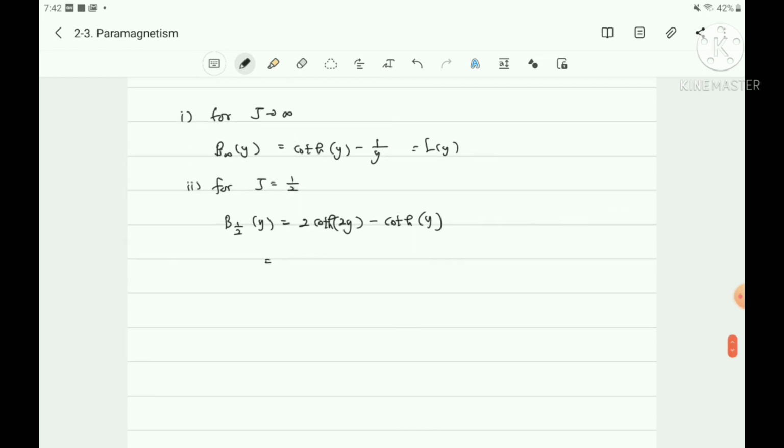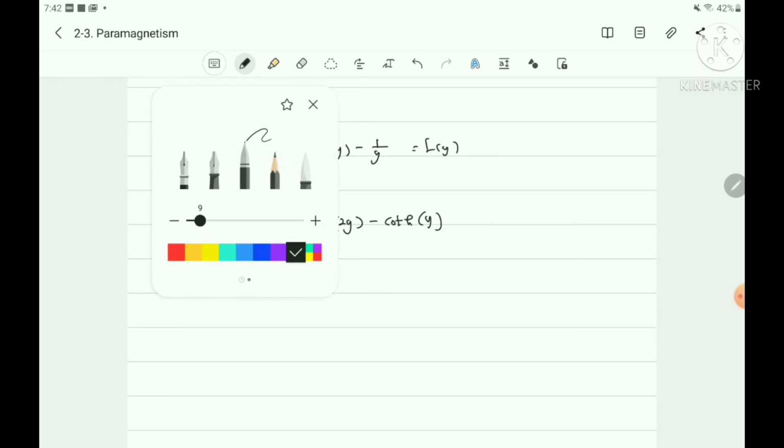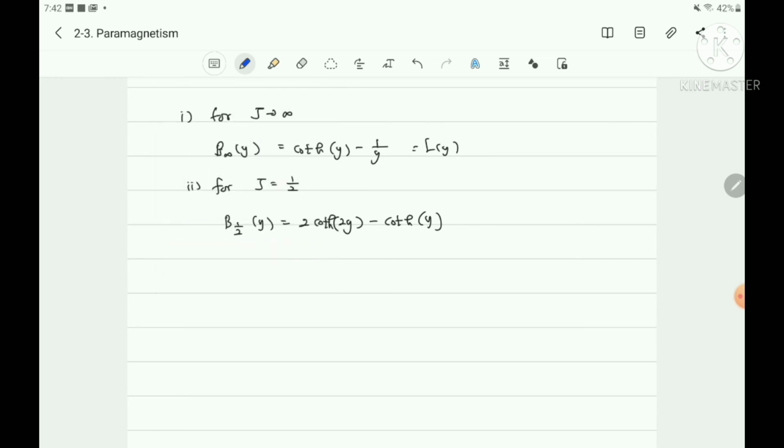Let's write briefly the hyperbolic function formalism.